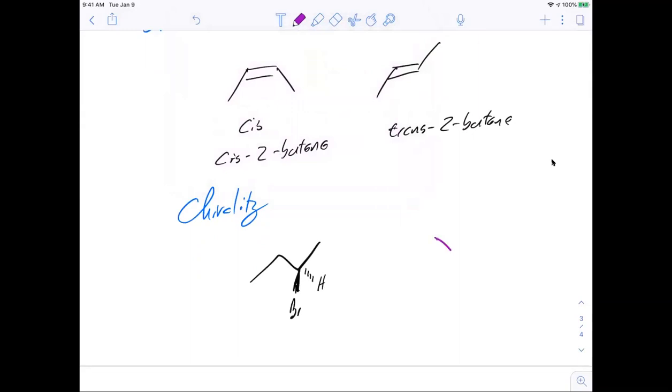If we look at this, we've got an ethyl, and that's the abbreviation for an ethyl, we've got a methyl, we have our bromine, and we have our hydrogen. So we have 1, 2, 3, 4 different things attached. So if we think about a carbon with 4 different things attached, that's going to be a chiral center.